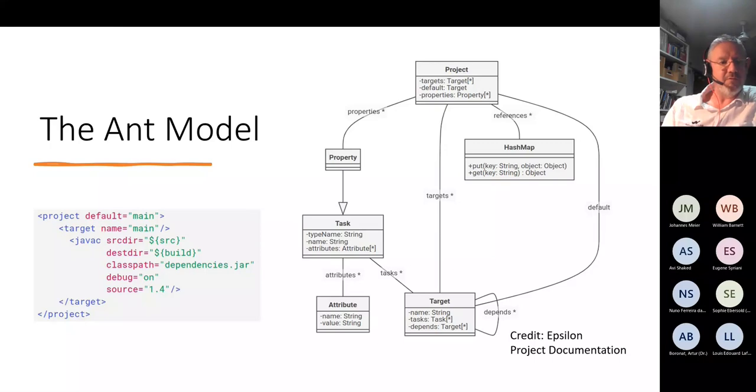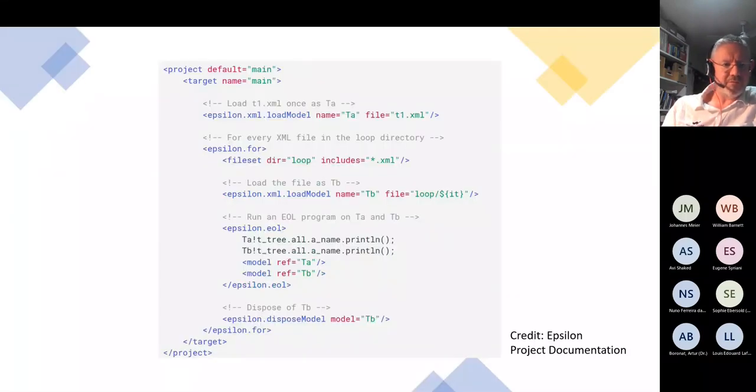This is the configuration model that I've taken from Eclipse to show what the conceptual structure of an Ant model for execution is. So you've got projects that have targets, that have tasks. So there's a bit of nesting here, and the targets depend on each other, so it can do an ordered process execution. This is an example.